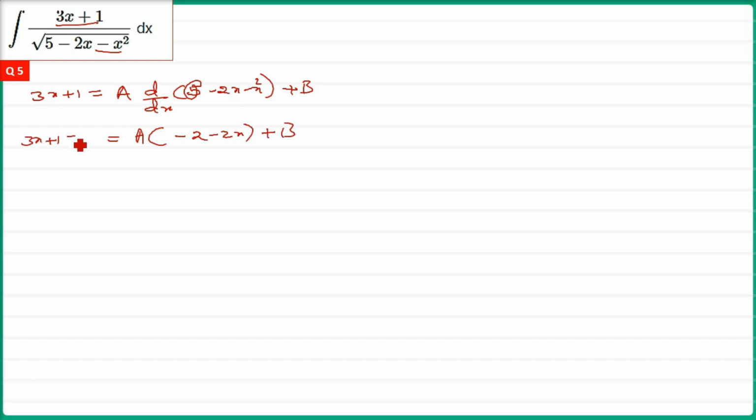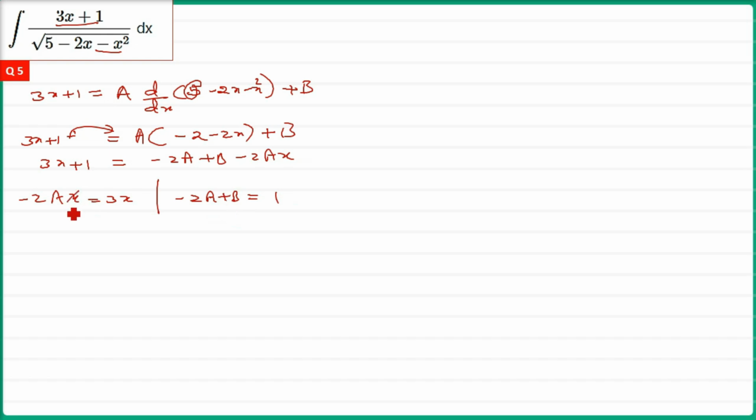We will try to equate the similar terms. Multiplying inside, minus 2A minus 2Ax plus B. Combining, minus 2A plus B and then minus 2Ax, and equating with the corresponding terms, negative 2Ax is equated to 3x and negative 2A plus B is equated to 1.